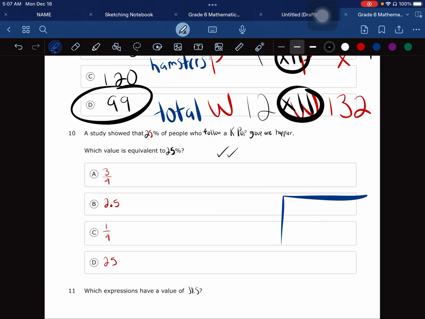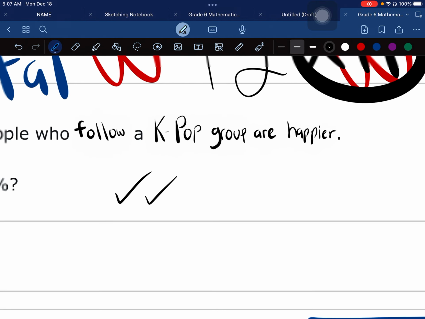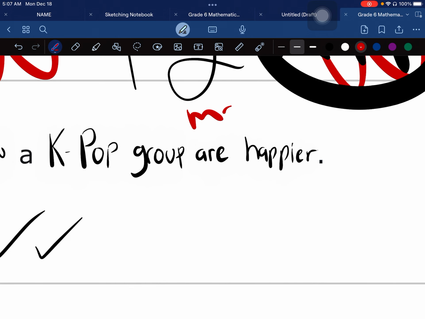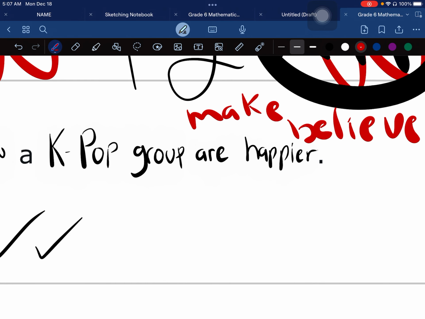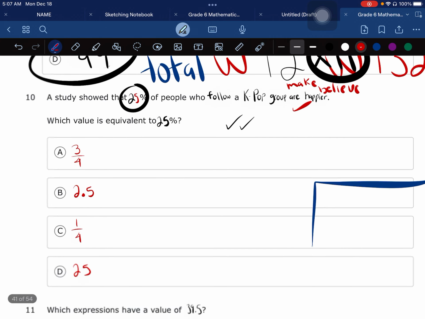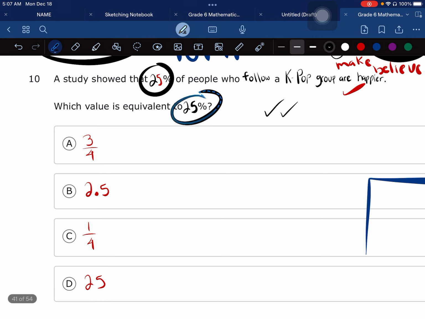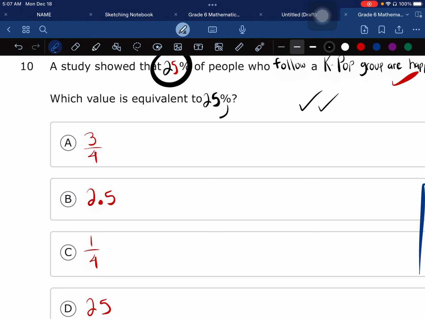Number 10. Studies show that 25% of people who follow a K-pop group are happier. Remember, we're just make believe. Obviously, these are going to be very, very sad people. Es cierto. But we're just going to play along. Which value is equivalent to 25%? So, 25%, chicos.